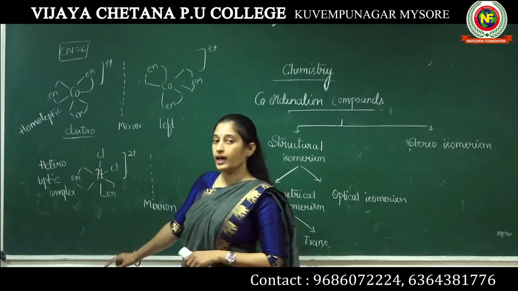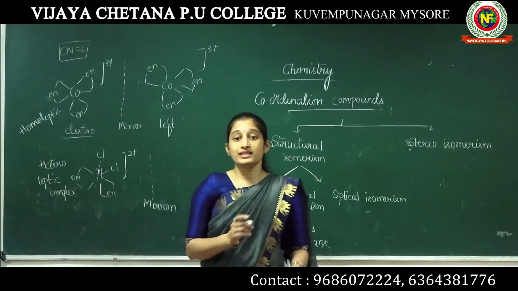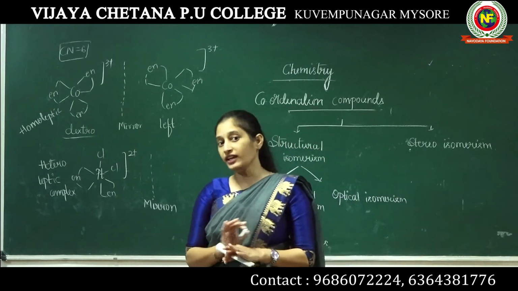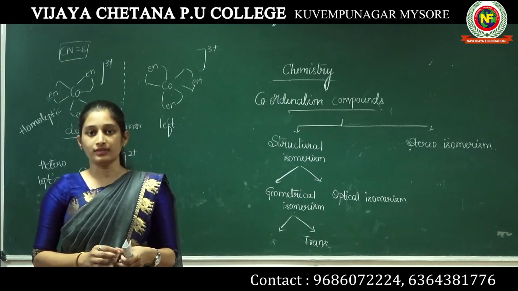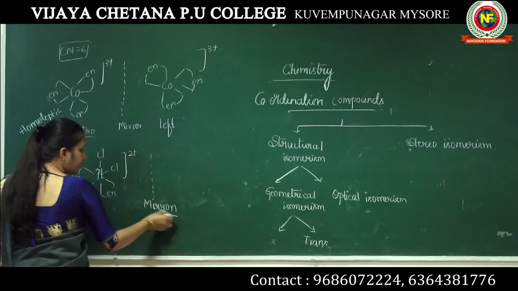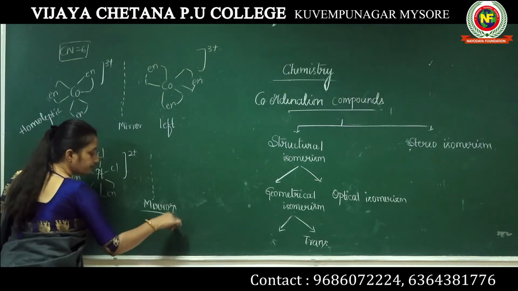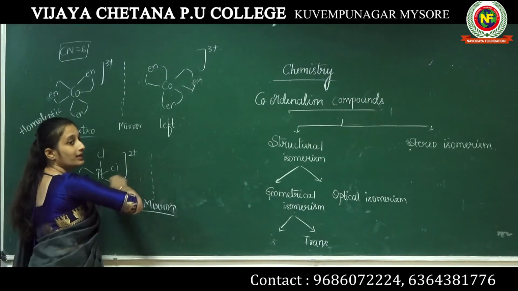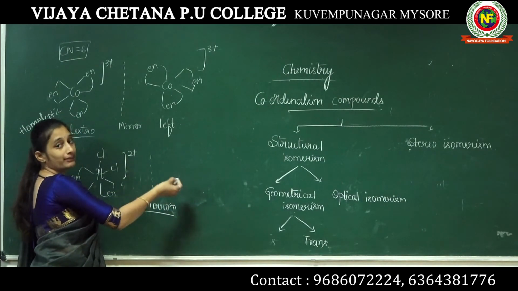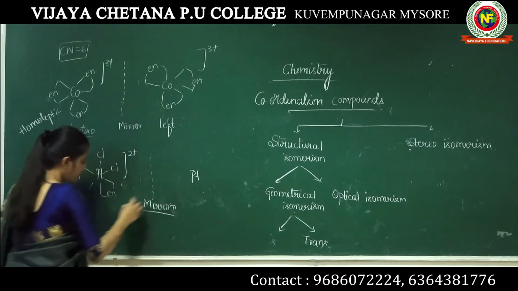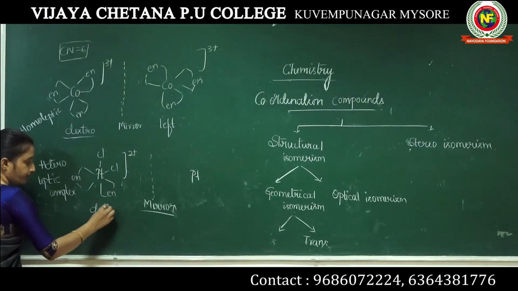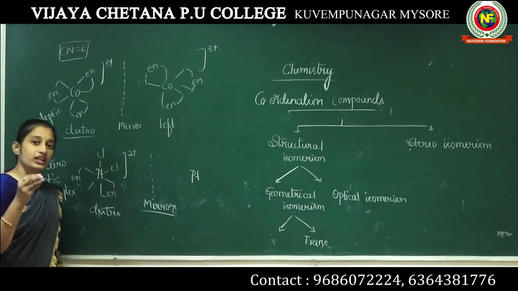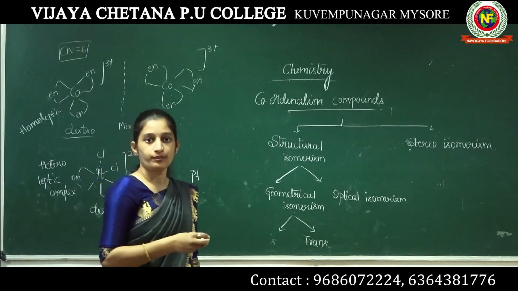Coordination number 6. I already told you, optical isomerism is very common in coordination number 6 but not in 4. In 4 we can't observe this. And see here, this is the mirror. I am going to take the print, which means the mirror image. Because this one is dextro, through experiments only we come to know this one is dextro.